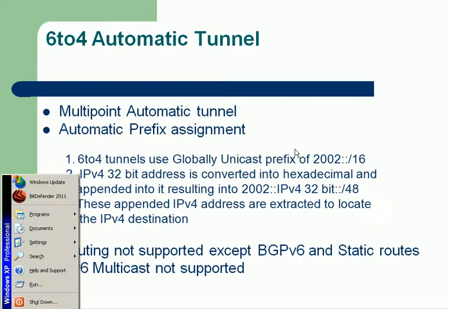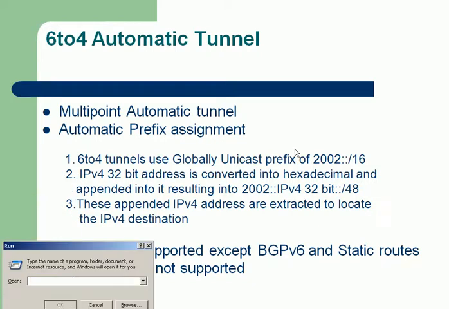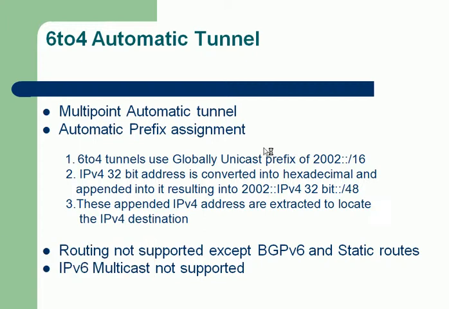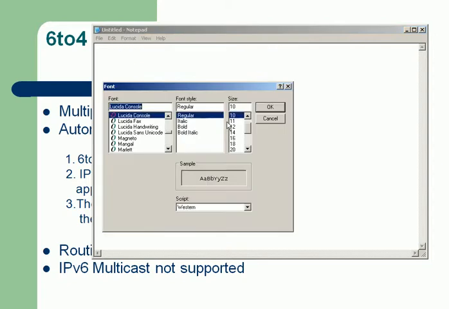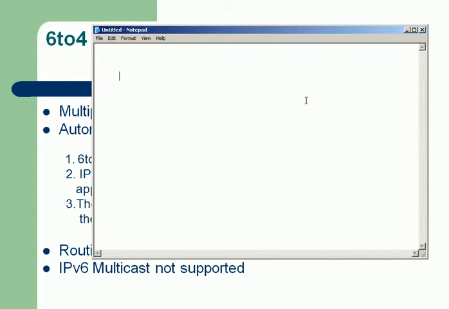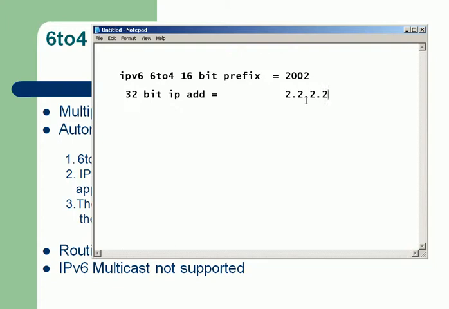Let me explain this way. IPv6 6to4 has a 16-bit prefix, and a 32-bit IP address, 2.2.2.2.